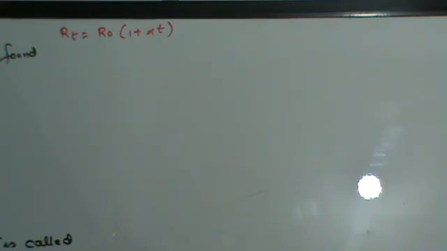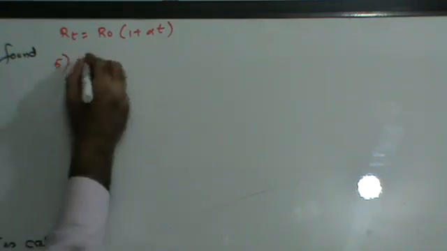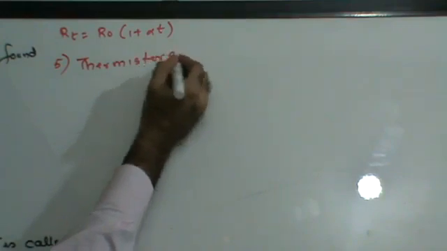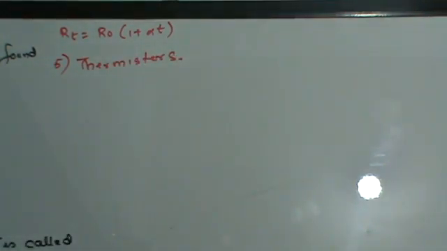Now, there are certain resistors which are built in such a way that there is a large change in their resistance with a small change in temperature. Such resistors are called thermistors.